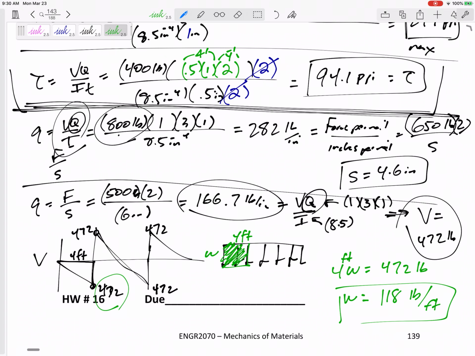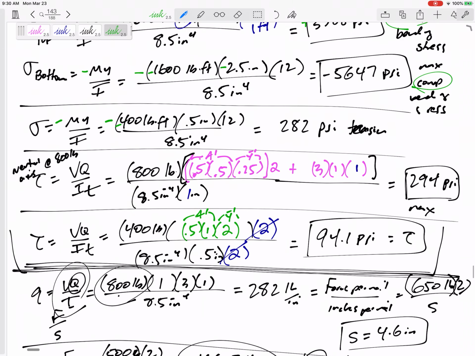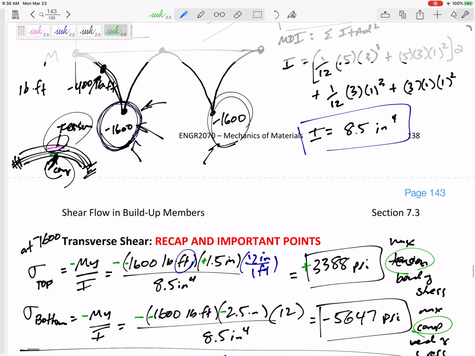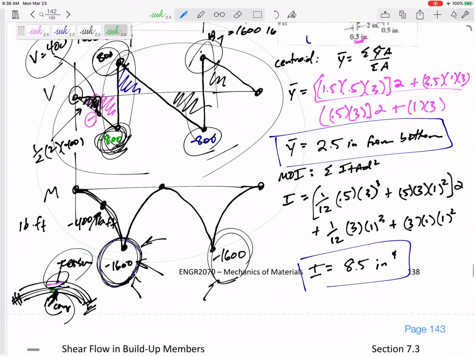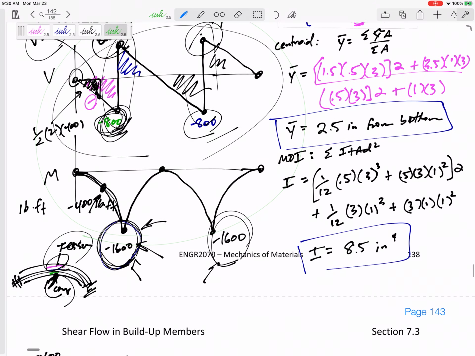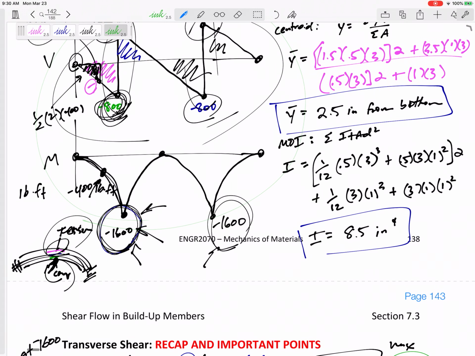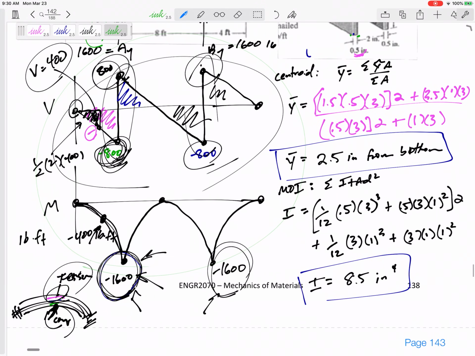What I want you to get out of this problem, be able to draw the shear moment diagram, and I could ask you 4 things. I could ask you, hey, what's the maximum bending stress?